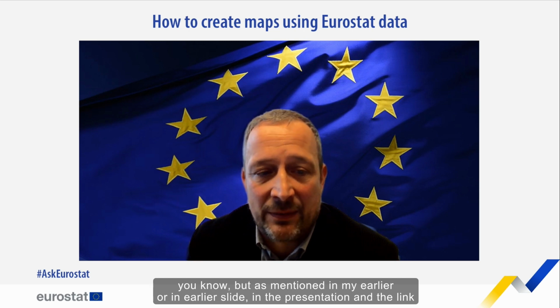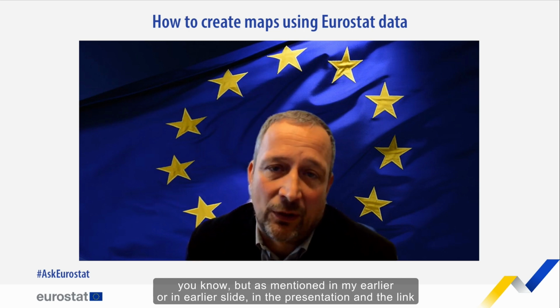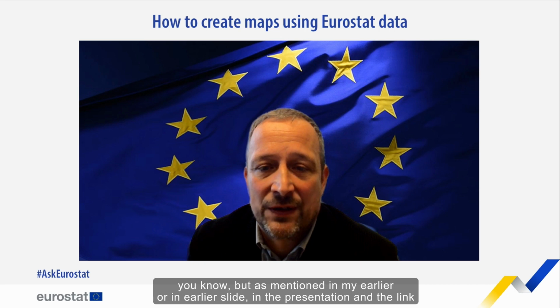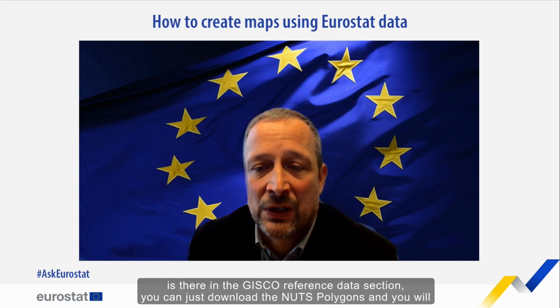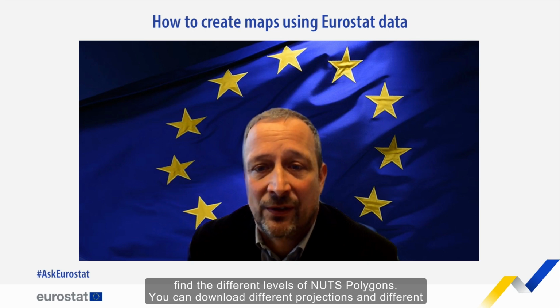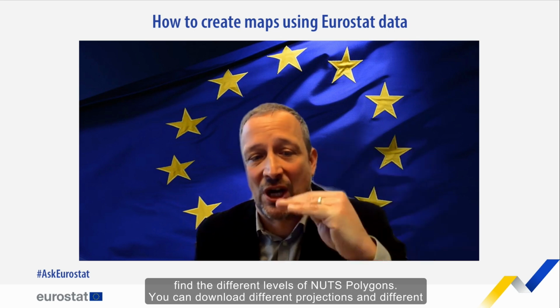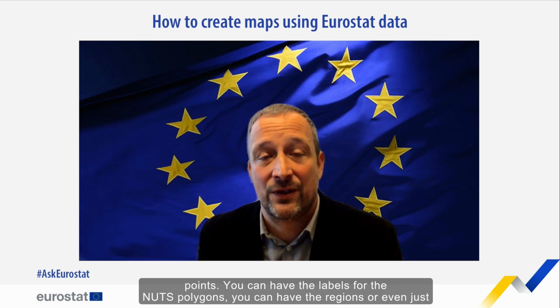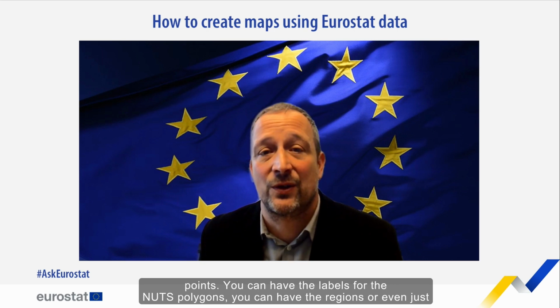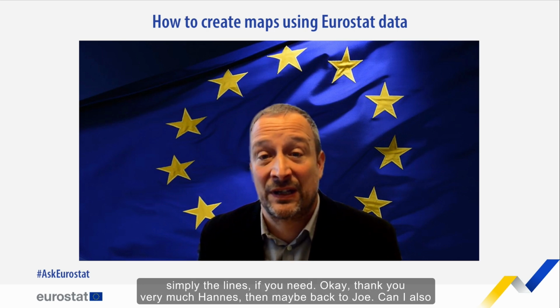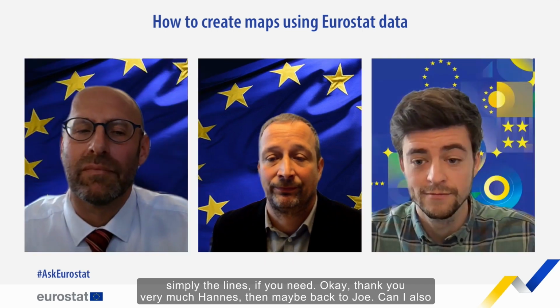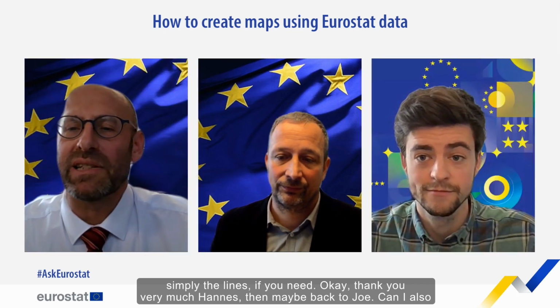But as mentioned in my earlier slide in the presentation, and the link is there in the GISCO reference data section, you can just download the NUTS polygons and you will find the different levels of NUTS polygons. You can download different projections and different points. You can have the labels for the NUTS polygons, you can have the regions, or even just simply the lines if you need. Okay, thank you very much, Hannes.